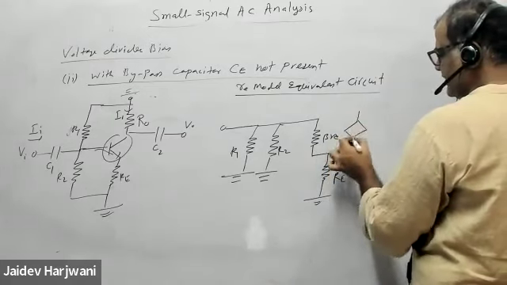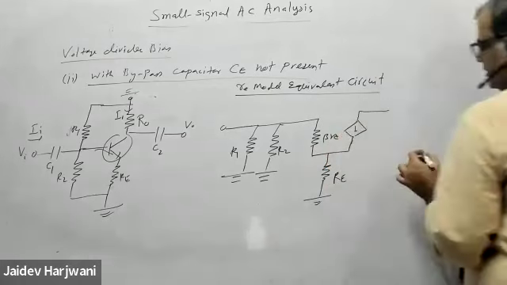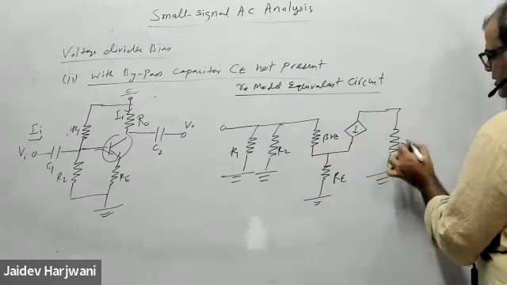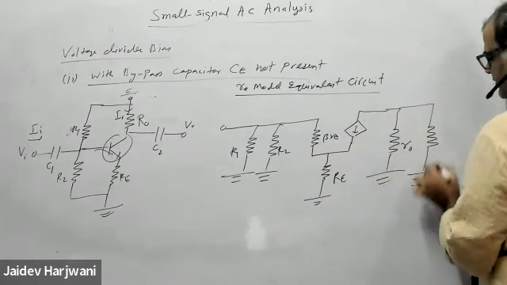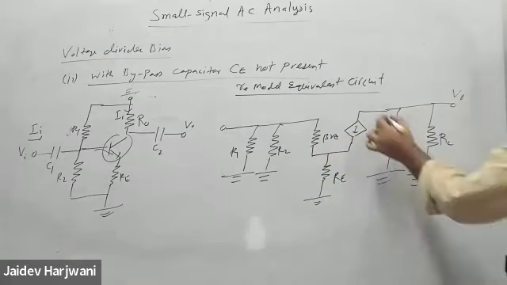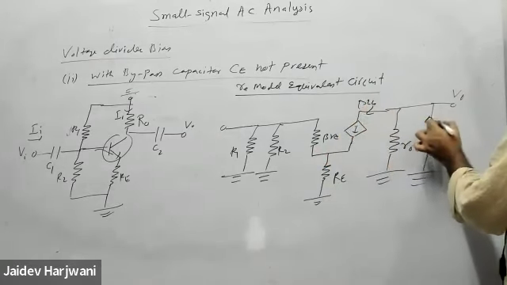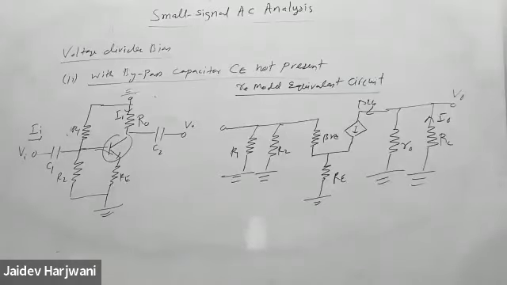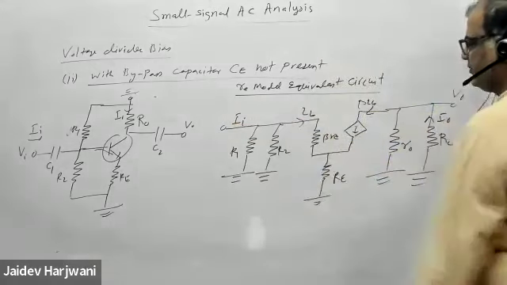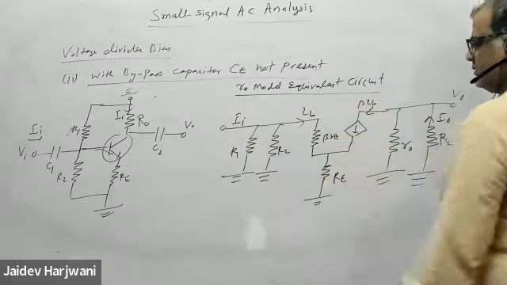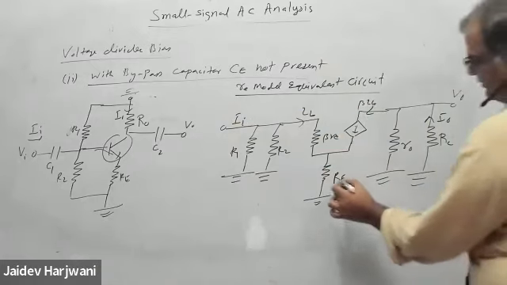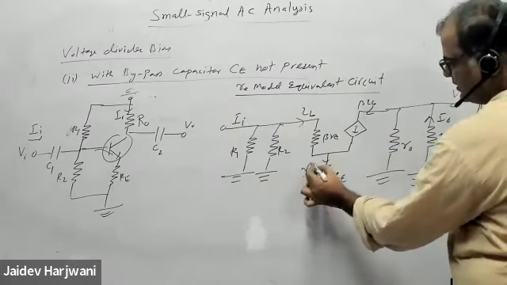Here the current source is coming. Here you have R naught. You have RC, and here is V naught, and the current is beta IB. I naught is coming from here. I input is coming here. Current in the base is IB. This will also be replaced with beta because you're saying current is IB here.